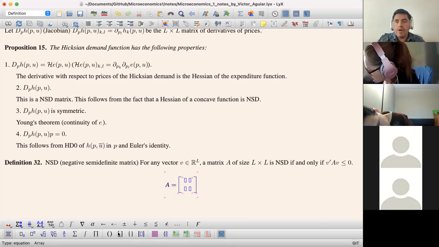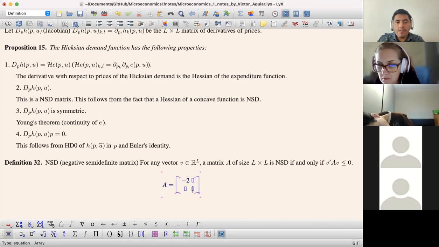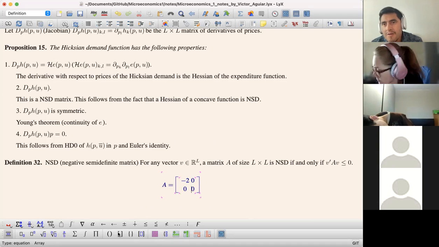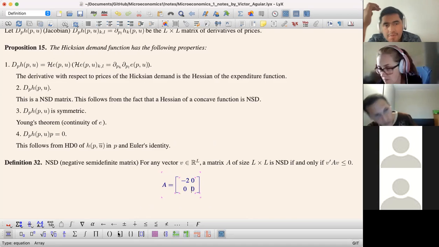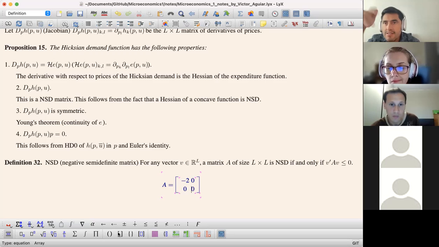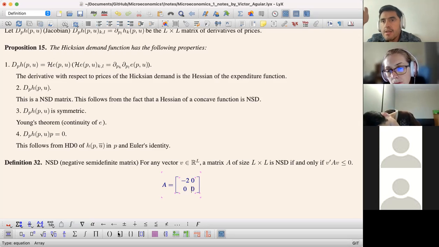So now let me create the following matrix. What is the sign of this matrix? There is not really a sign because there are things that are 0, weakly positive, and there are things that are negative.